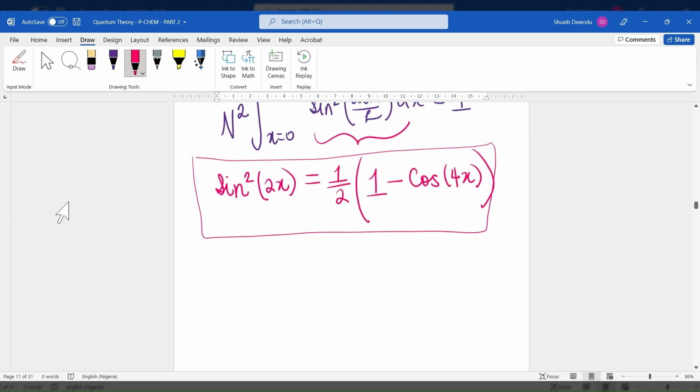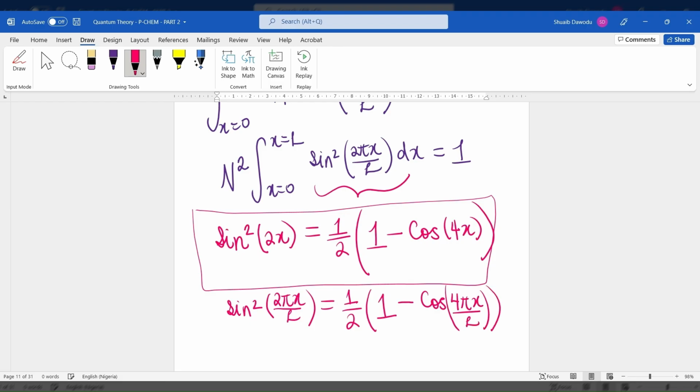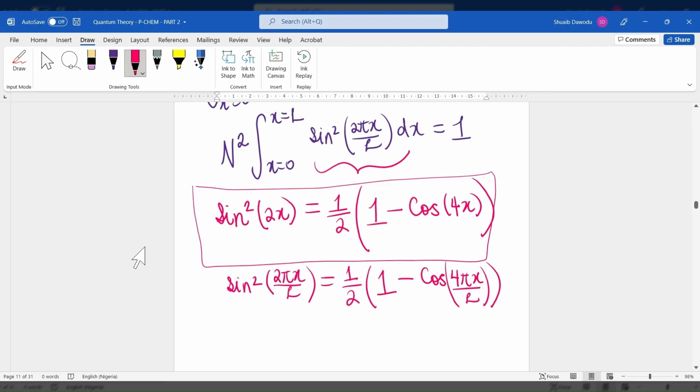So when we do that, I'm going to rewrite this: sine squared of 2 pi x over L is the same thing as 1 over 2, open bracket, 1 minus cosine 4 pi x over L. That is basically what this is. So I'm going to substitute here.